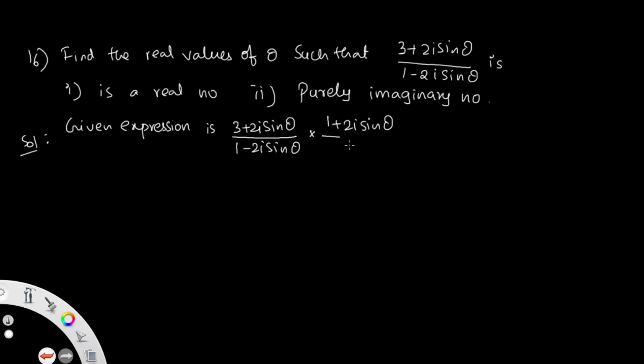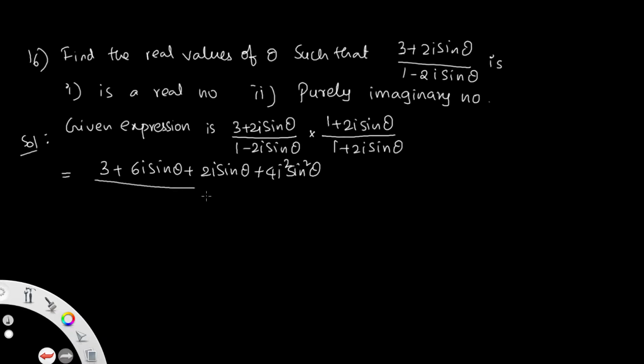Term by term multiplication gives 3 plus 6i sin theta plus 2i sin theta plus 4i square sin square theta, divided by the denominator in the form (a plus b)(a minus b), that is 1 minus 4i square sin square theta.